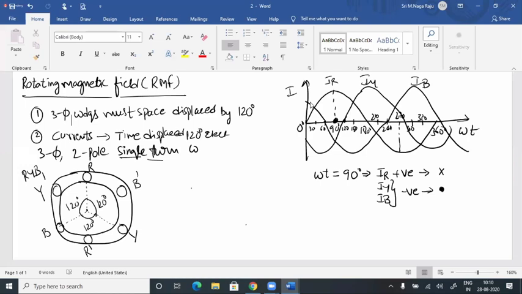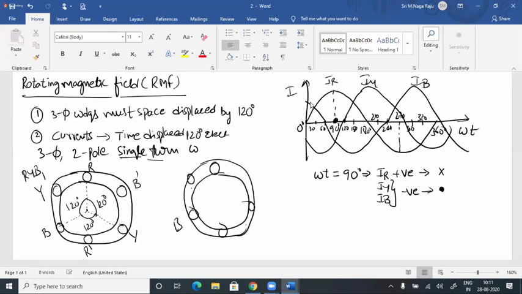Okay. Now at this instant, we will draw another diagram, I will draw here. See, I'm drawing roughly. You can draw. So R dash, Y dash.